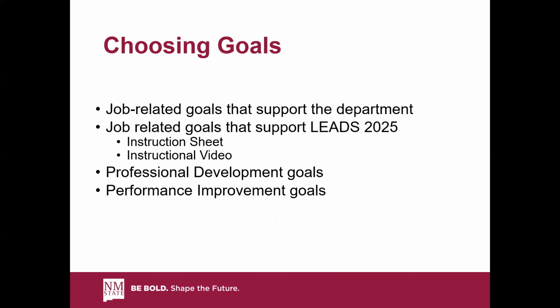It's already out there as well. If anyone wants a copy of the instructional sheet, we have them here if you want to grab one on your way out. Aligning the goals to LEADS 2025 is strongly encouraged, but it is optional. So if you're having difficulty doing that, don't let that stop you from proceeding with the evaluation. Don't let it hold you up.